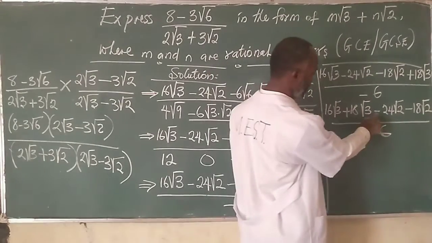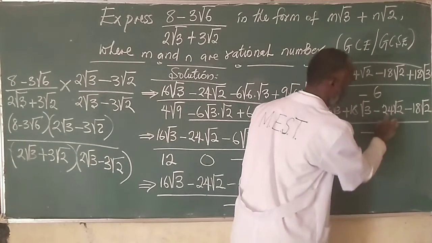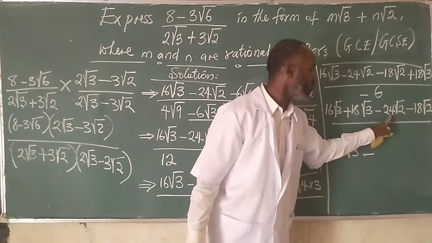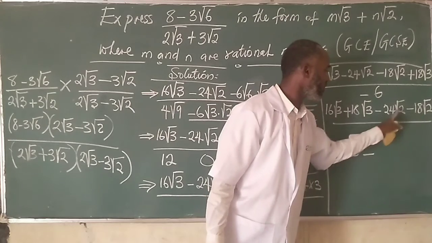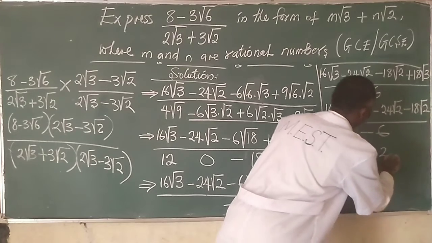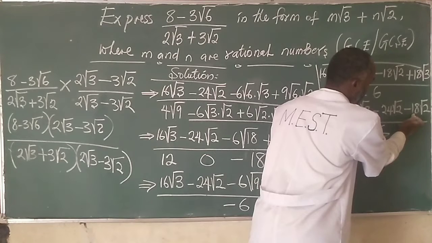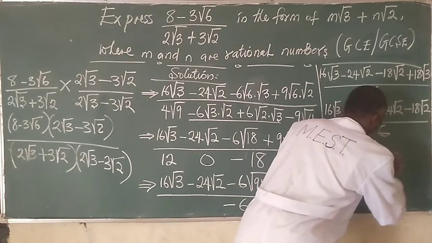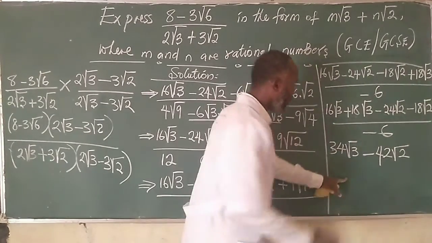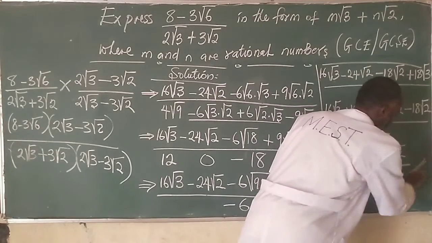Okay, so we come down to this point. Minus remains minus, but the values will increase. So what do we have there? We have 18 and 24. 8 plus 4 is 12, so we have 2, carry 1. Then 3 plus 1 is going to be 4, so 42 square root 2, right? Good. All over minus 6, all right?